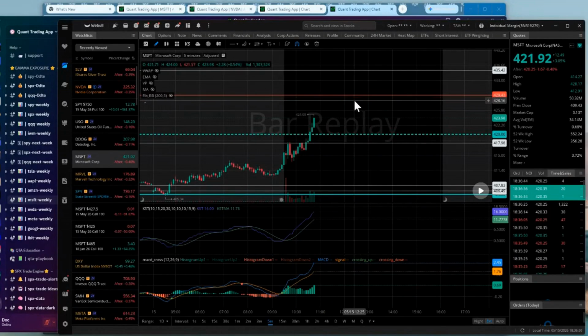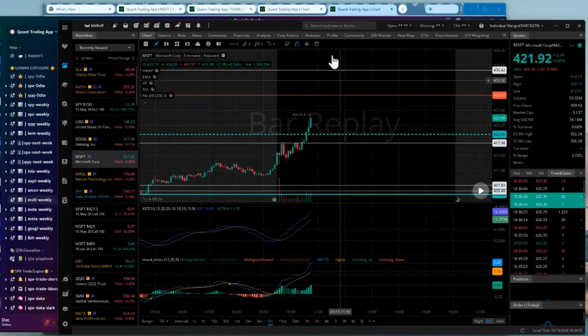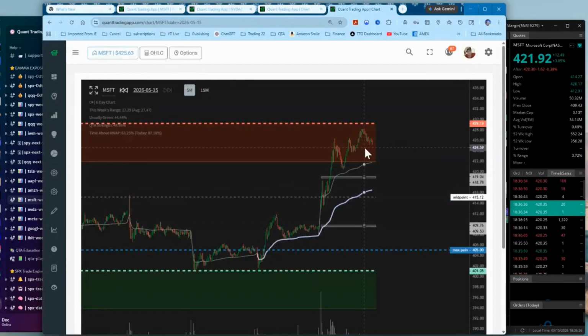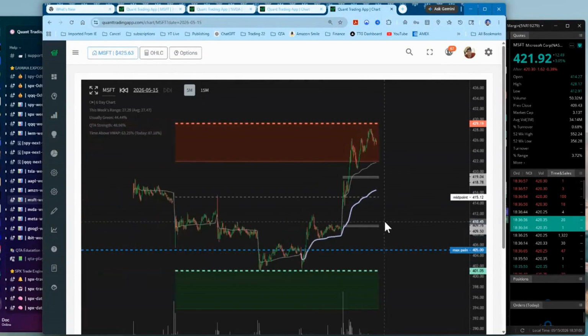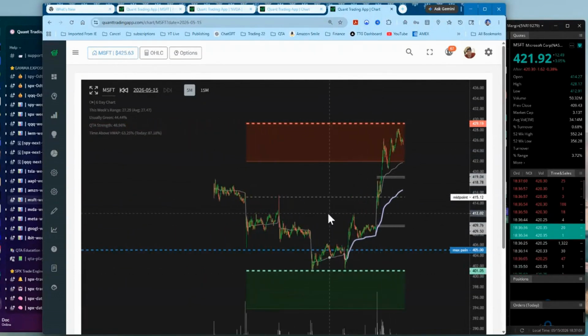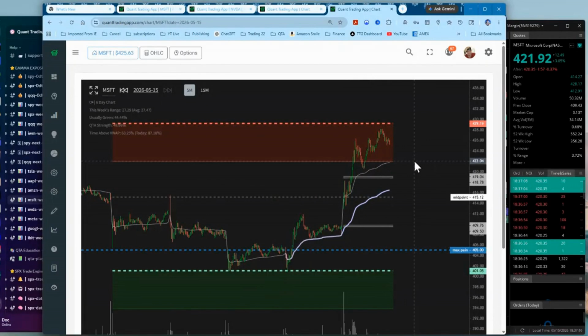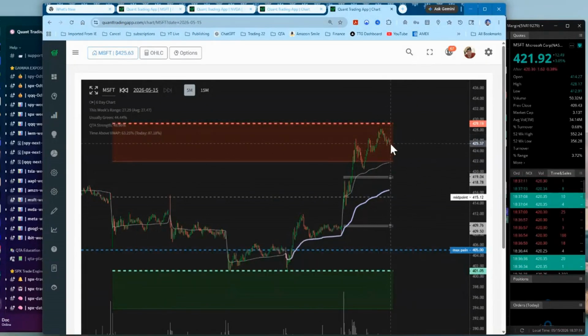The obstacles being resistance, being hard technical levels, or quant levels, right? Our quant levels, I refer to them as bookends, right? It's the walls of the sandbox, and the GEX are the magnets within those bookends, or you're the owner calling their dog to the other side of the yard.